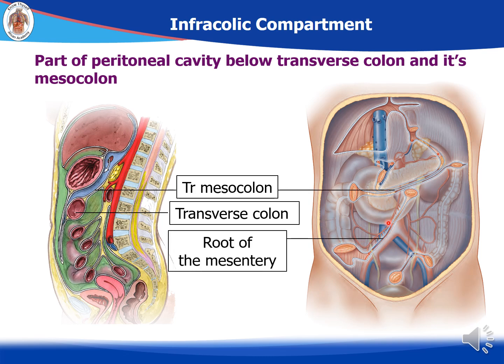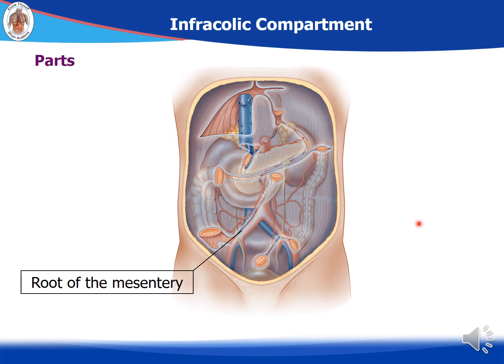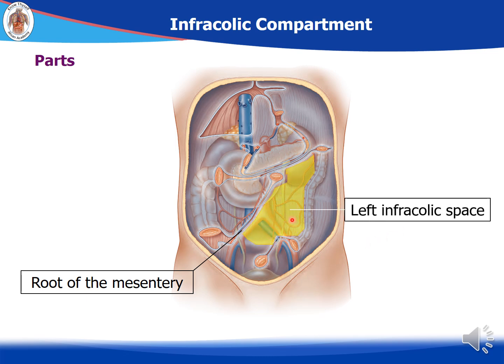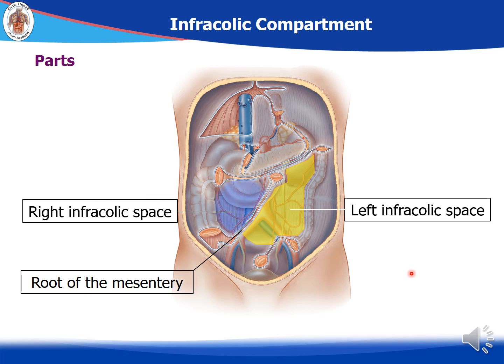This root of the mesentery divides the infracolic area obliquely into two parts. This is the root of the mesentery, so it divides into this left part. This is the left infracolic space. Naturally, on the right side, this is stained bluish. This is the right infracolic space.